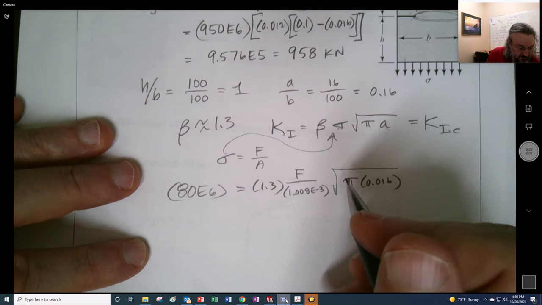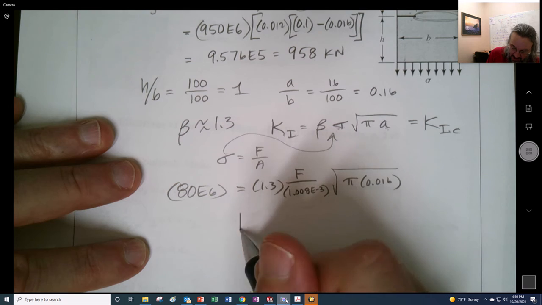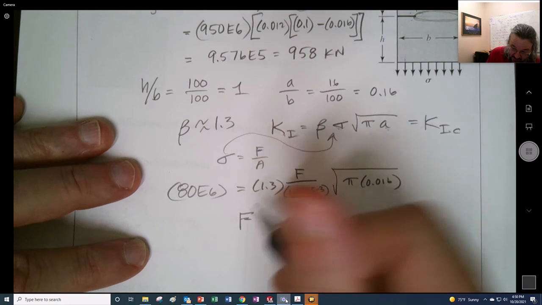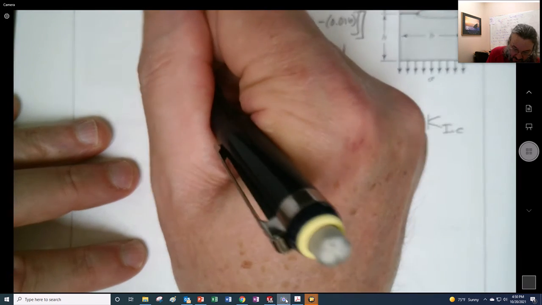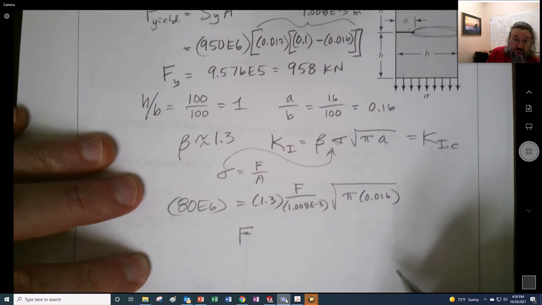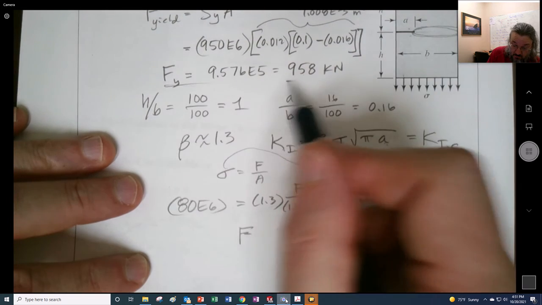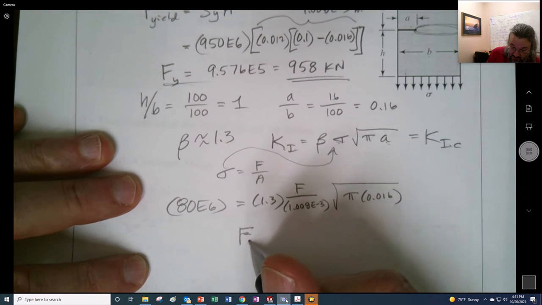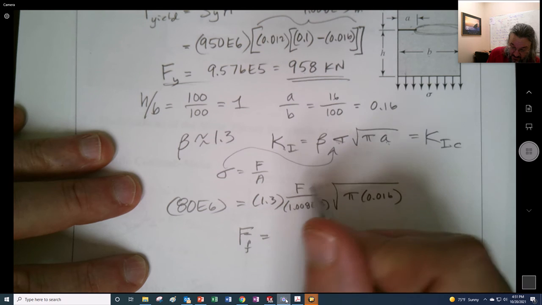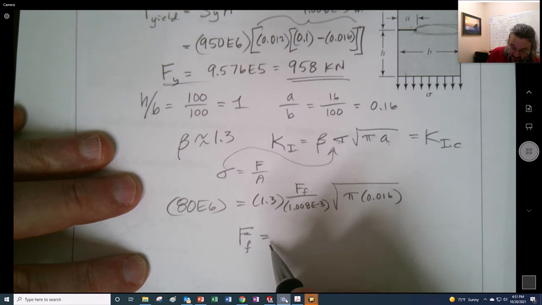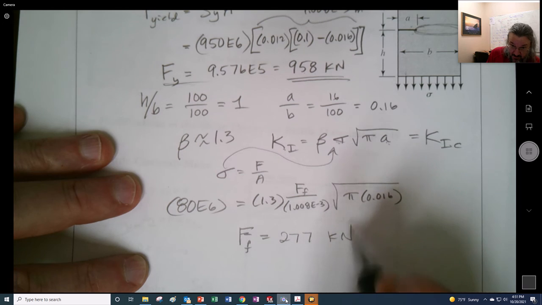If I do all of that right, I get an F, I could have called this one yield up here, and here it could be fracture. So this is going to be my F right in there, and I get 277 kilonewtons.